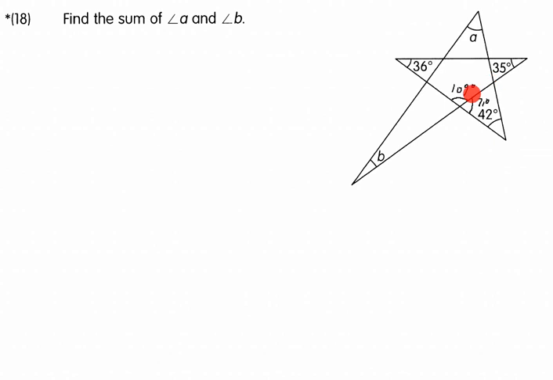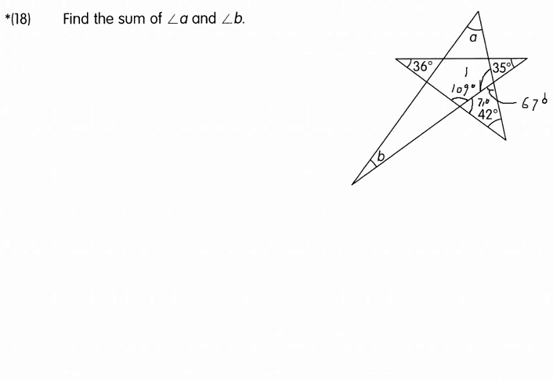Okay, so next he tries to find this angle, right? And what's the value of this angle? After finding 67 degrees, he will find this angle, am I right? And what is this angle? 113 degrees.